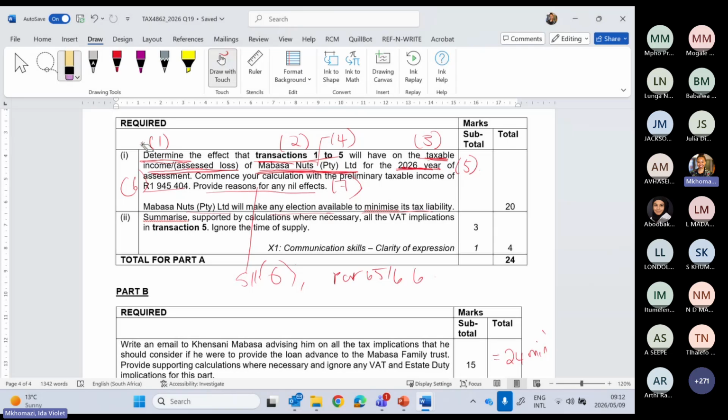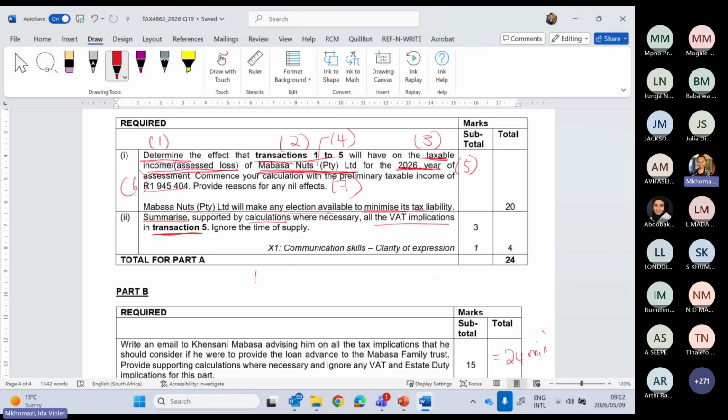Then while we are on part A, maybe we can also look at the required for part A2. Part A2 says that you need to summarize, supported by calculations where necessary, all the VAT implications in transaction 5. So again, you need to read with understanding.